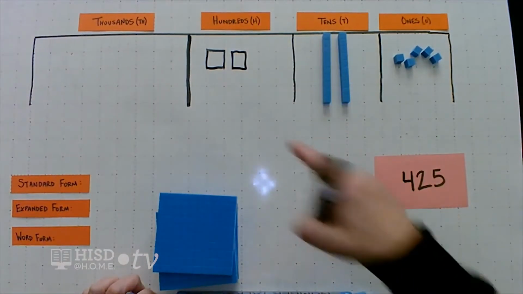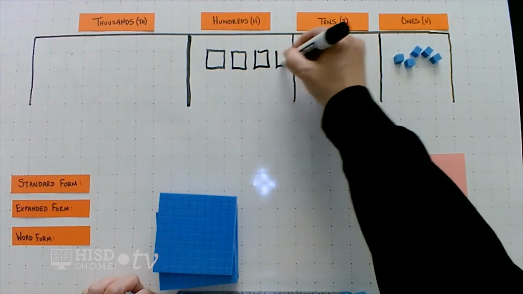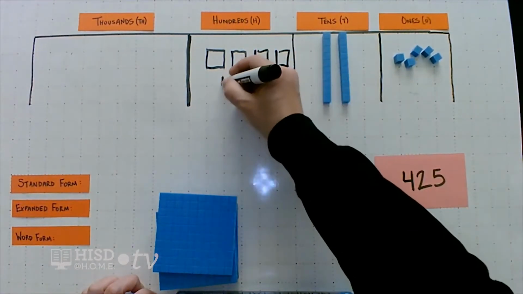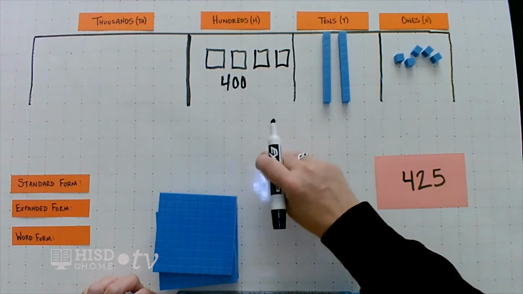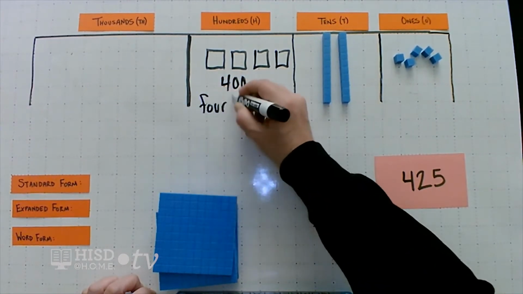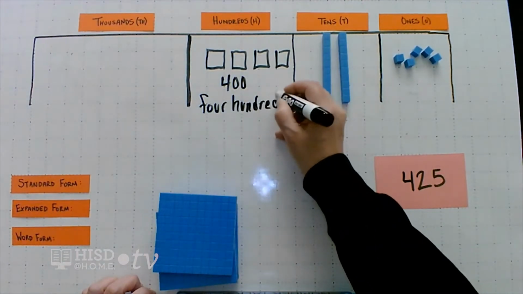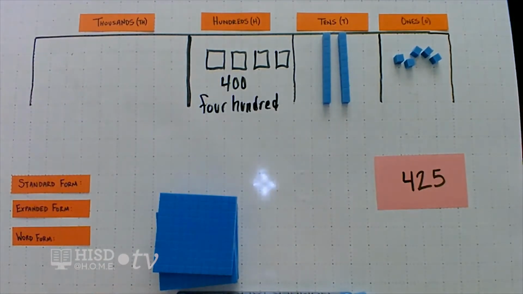A second flat, so we have 100, 200, 300, 400. So my value is 400, and in words I can write that as 400. Be sure that you're drawing this with me.